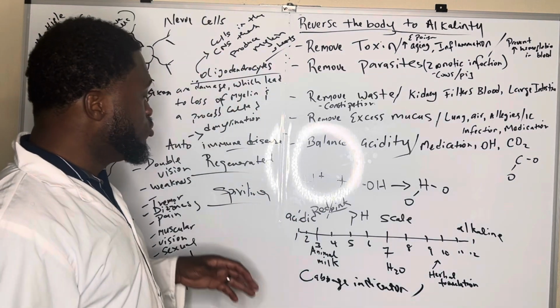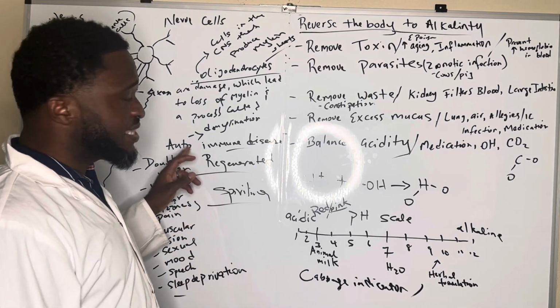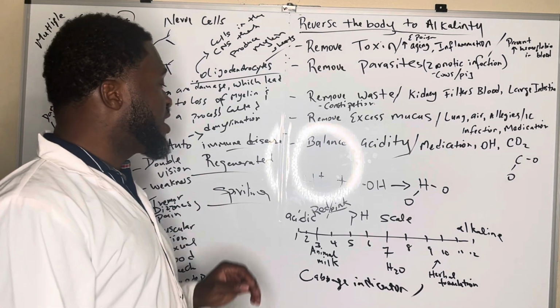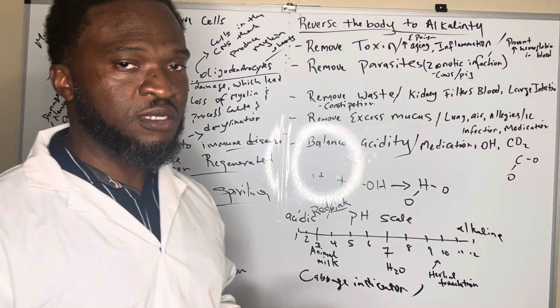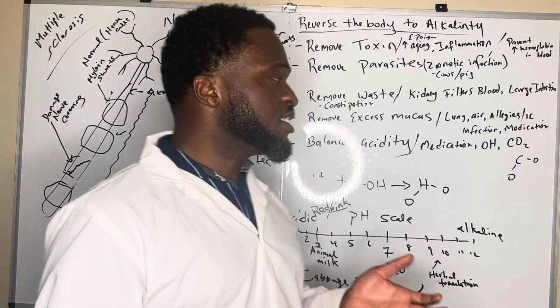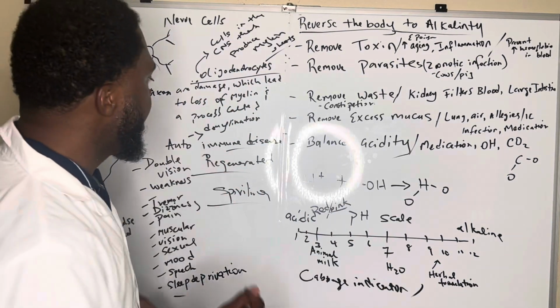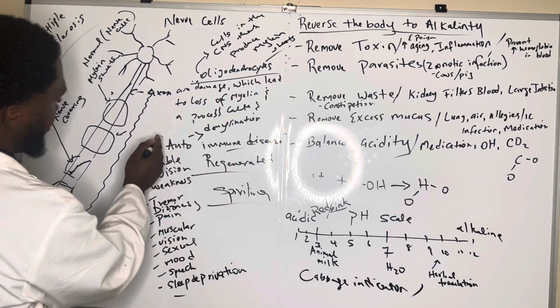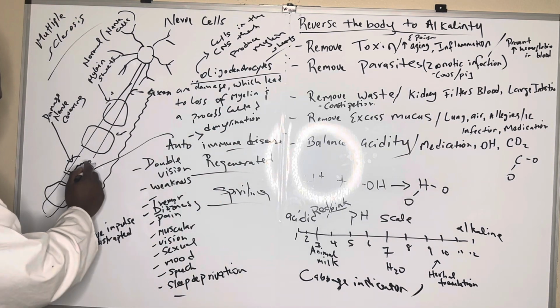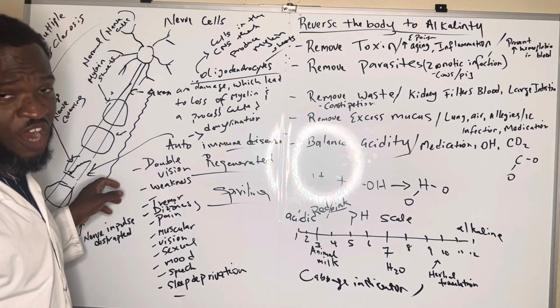But again, you can definitely fight this autoimmune disease, because you can now help the immune system stop fighting itself. The immune system then attacks the myelin sheaths, and that's where the scarring comes from.